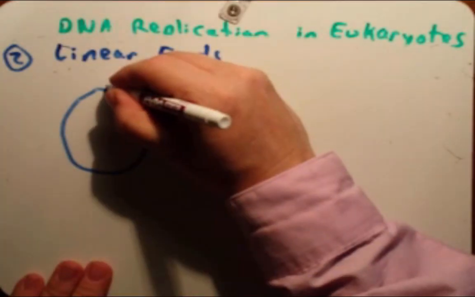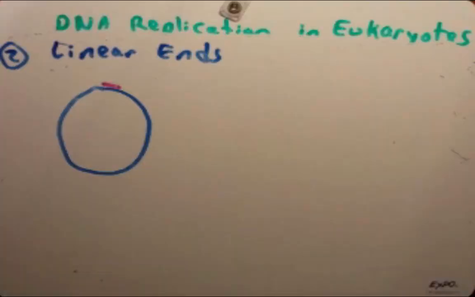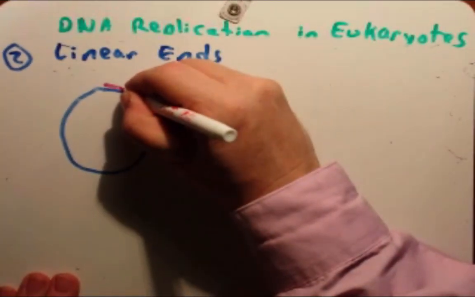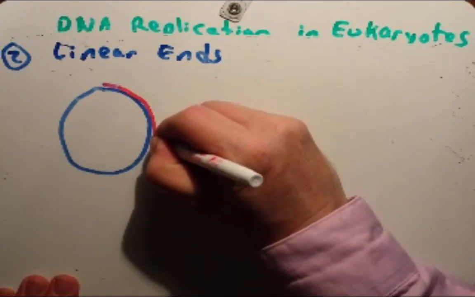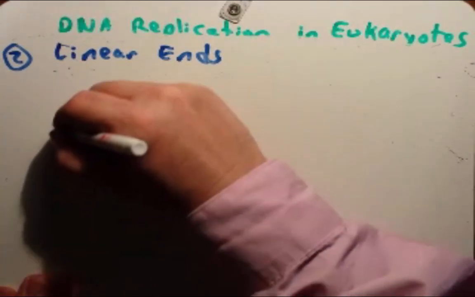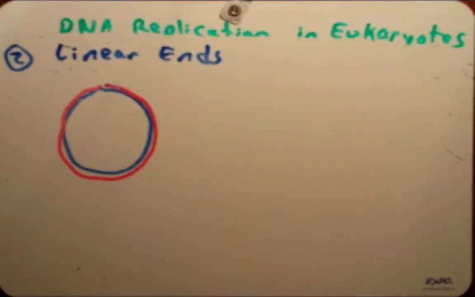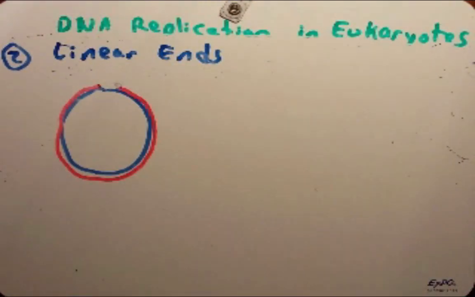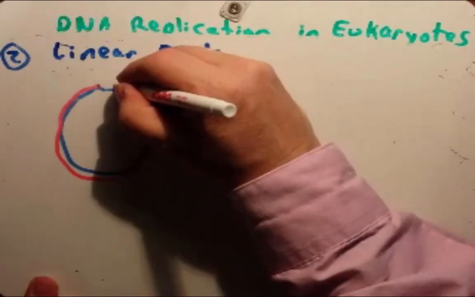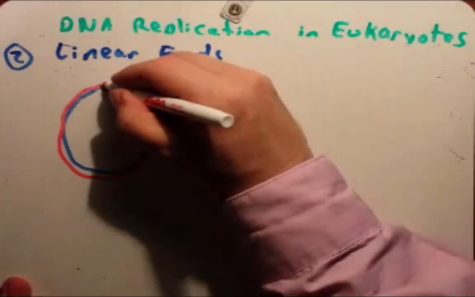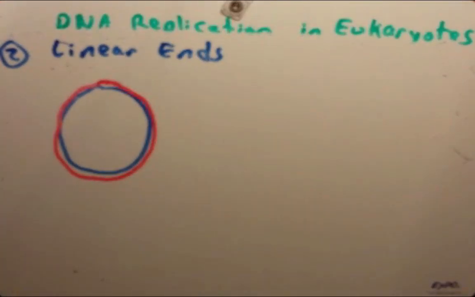So remember, to copy this, you would have had to have a primer, and then DNA polymerase 3 from bacteria would have bound to this and copied the DNA. And it would have got all the way to the end here, and DNA polymerase 1 would have come along and removed the primer and filled in this little bit here, and then DNA ligase would have come along and fixed that one last bond.